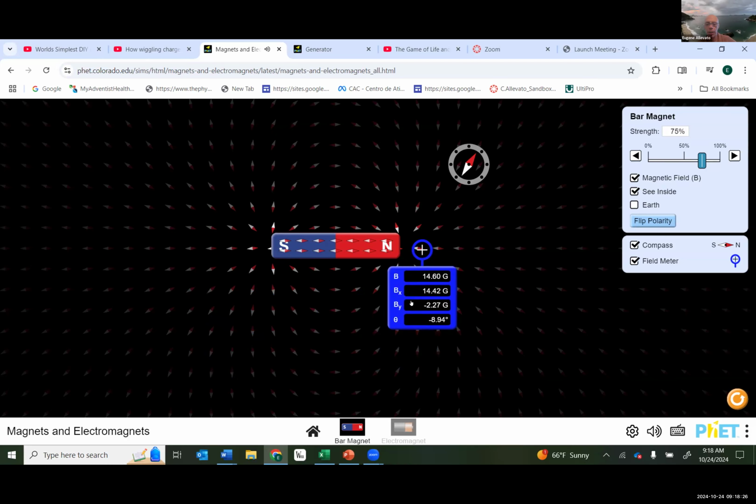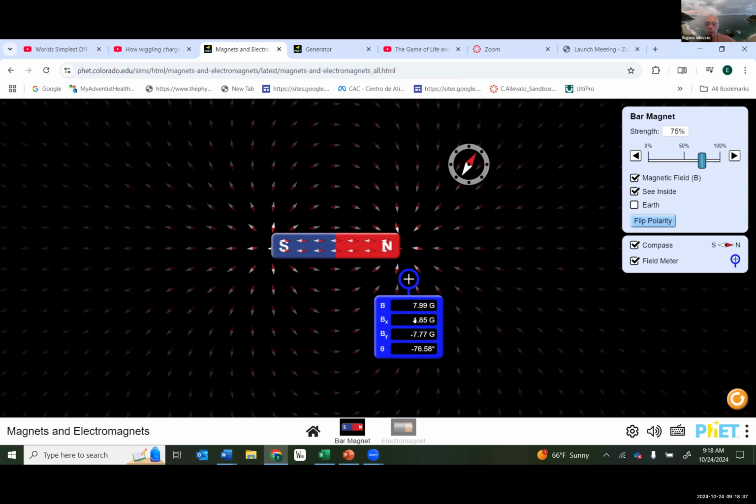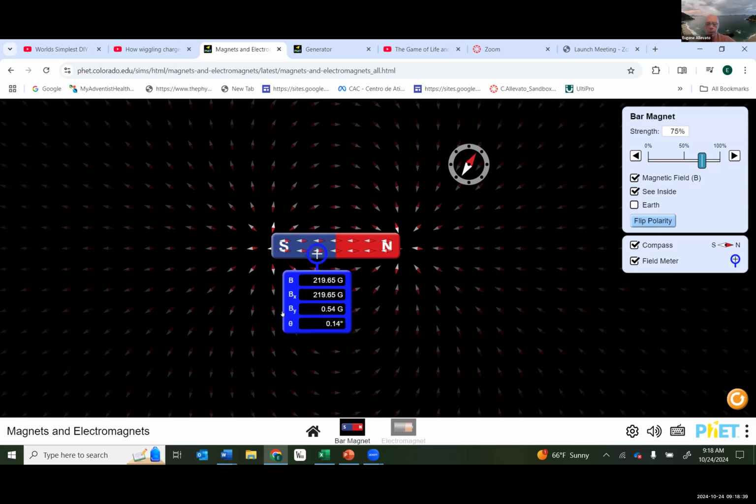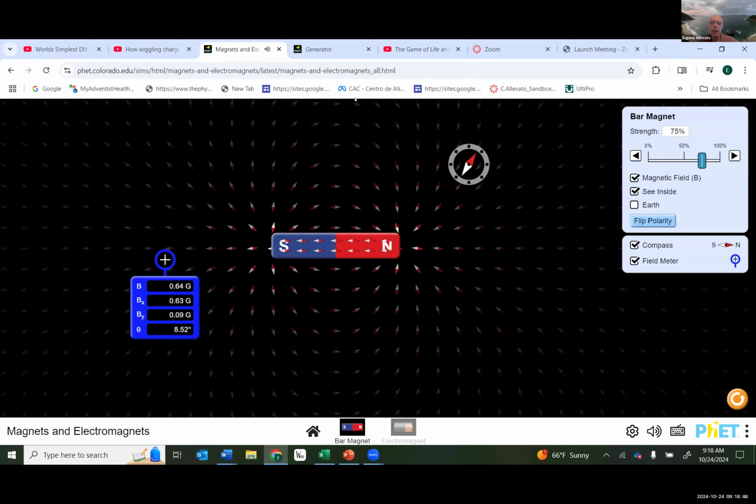If I put it here, I can see a measurement of 14, but as I go further away, I see the numbers going weaker and smaller and smaller, right? So that's one thing to keep in mind.